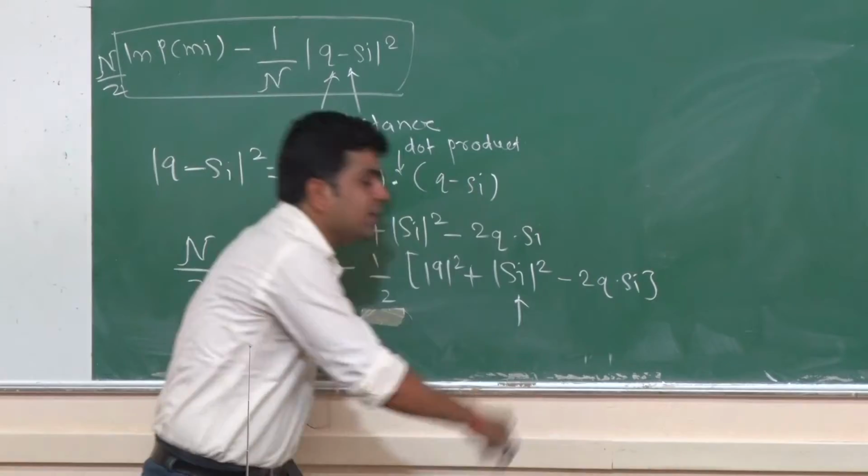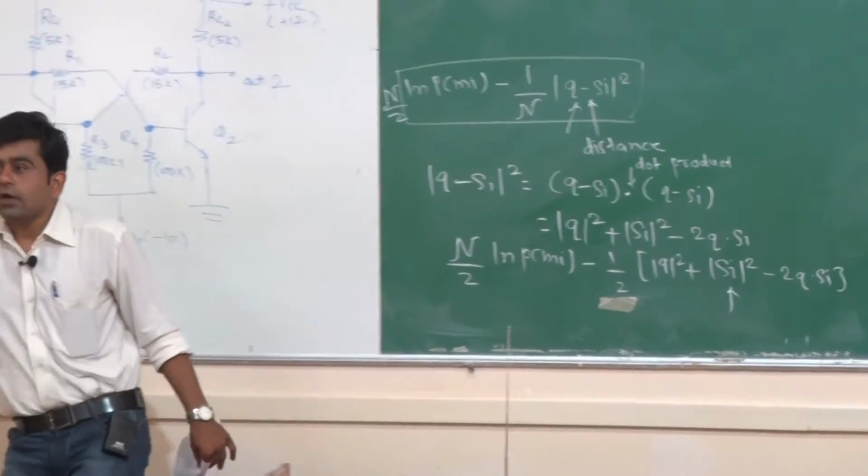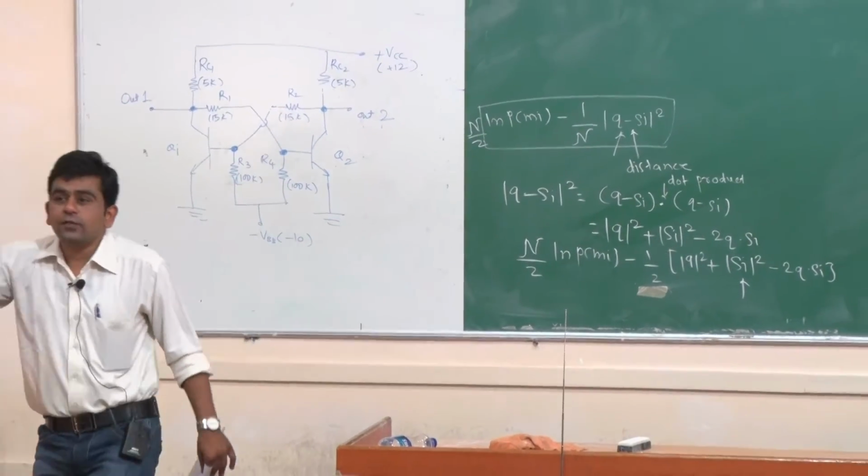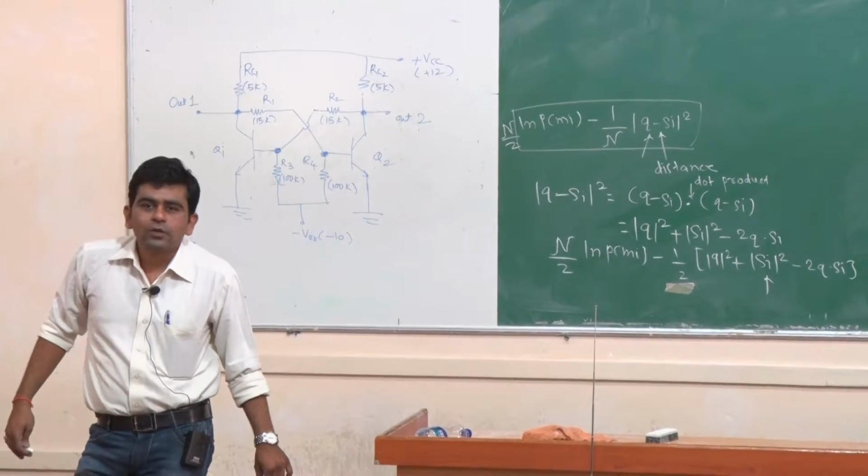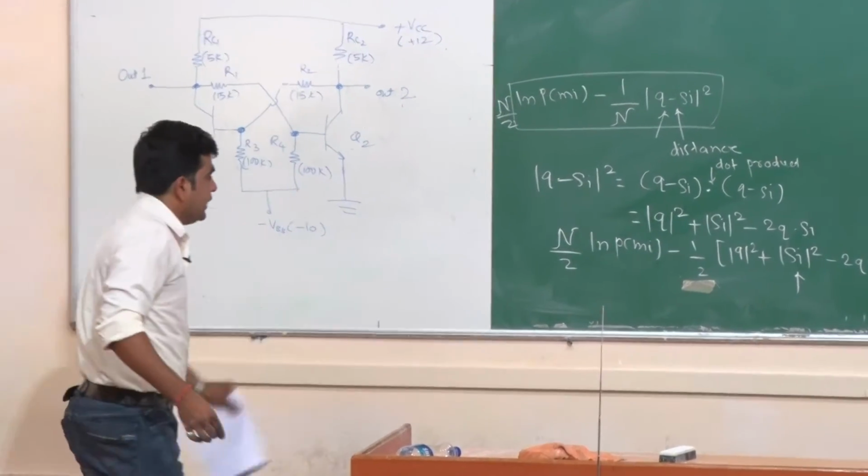Here this quantity is nothing but the energy associated with your input symbol. Yes or no? This can be represented as EI.